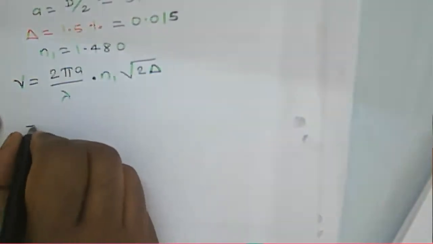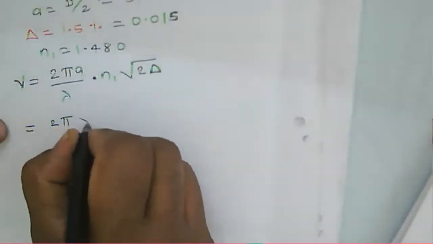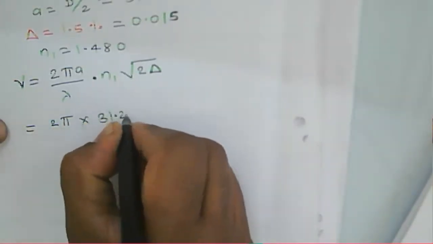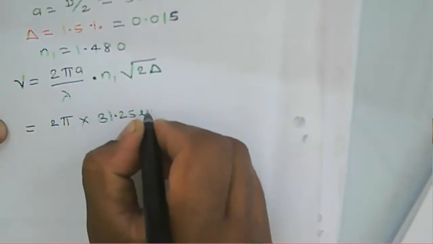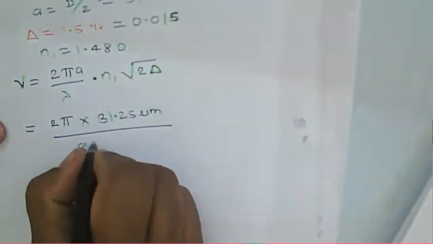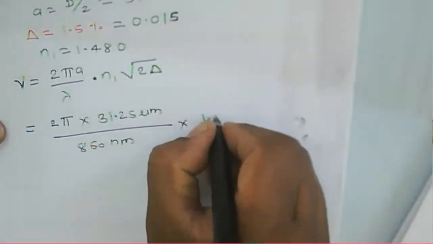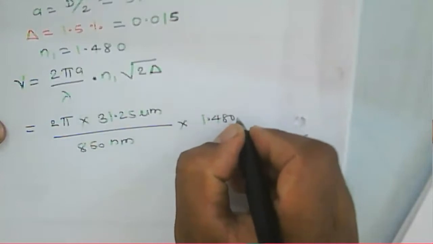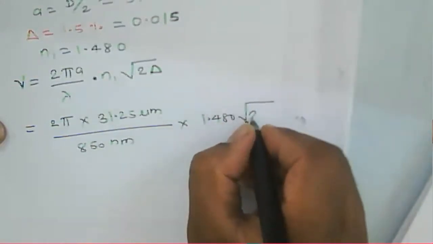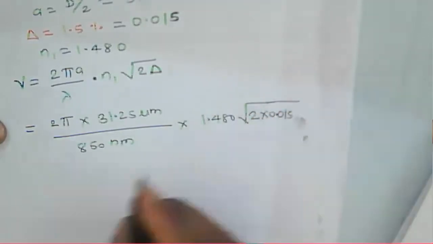So if you put all the values, 2 pi, a is equal to 31.25 micrometer, divided by lambda is equal to 850 nanometer, into N1 is equal to 1.480 under root of 2 into 0.015.